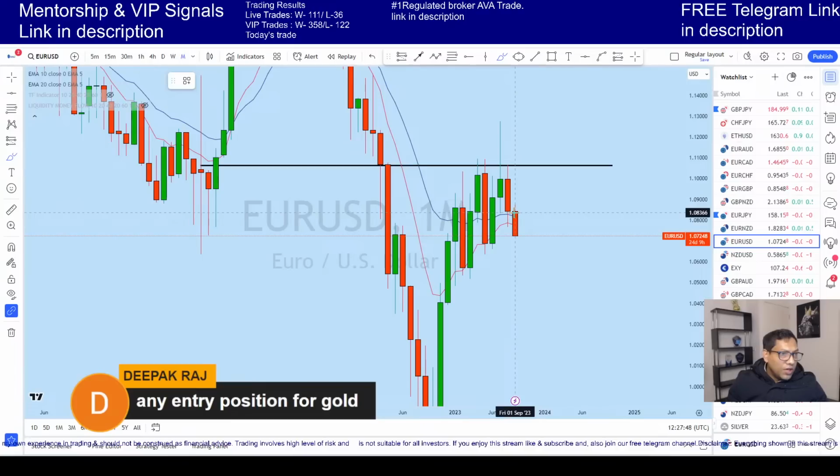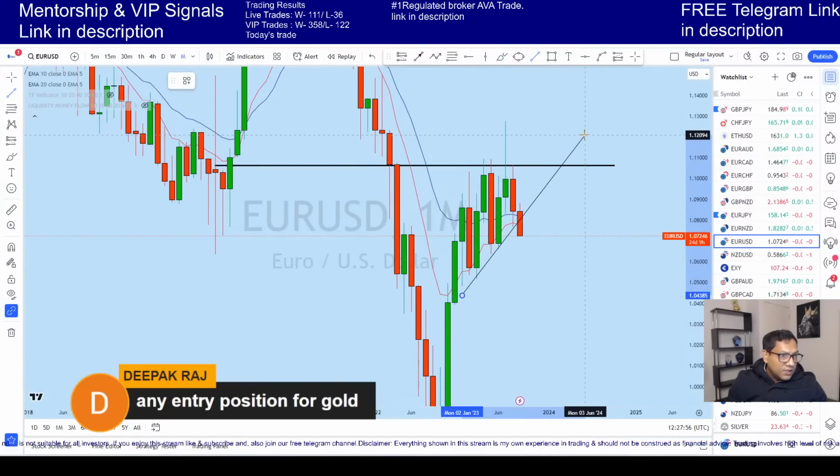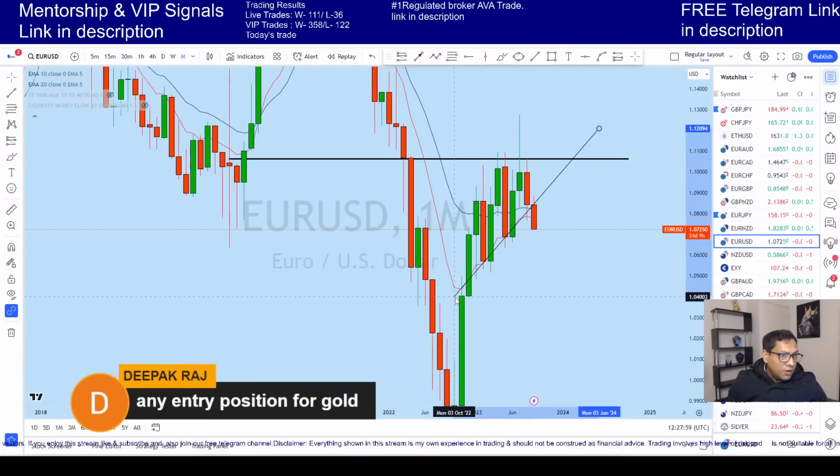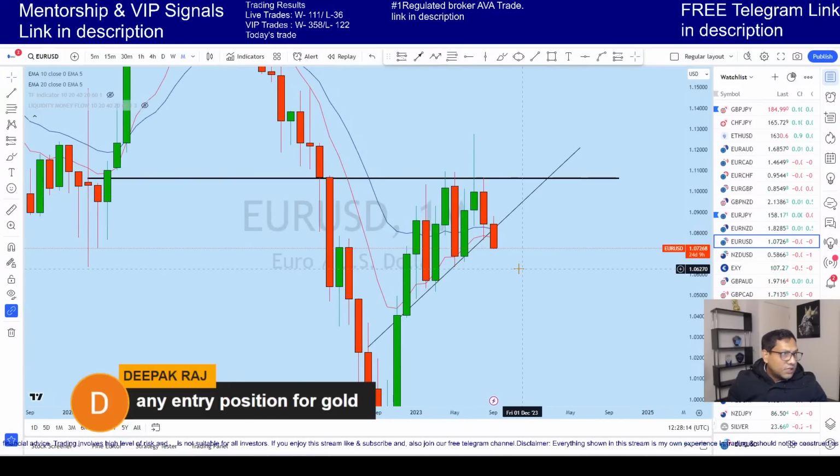Now this month, after a little pullback, the price started to drop in that direction. From this long wick candle the price has created this massive drop, and with that drop, what we can expect on Euro dollar is for the price to come down to create a new lower low.